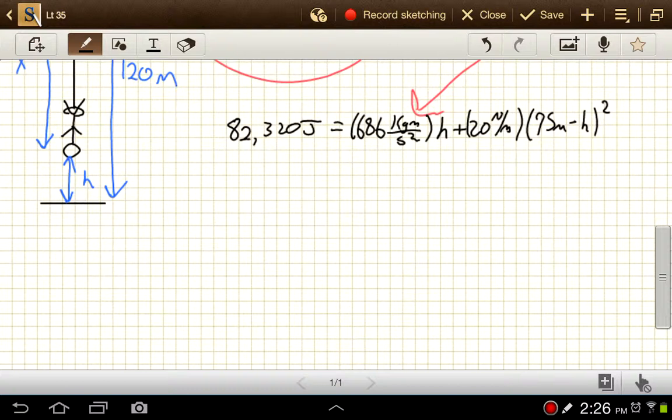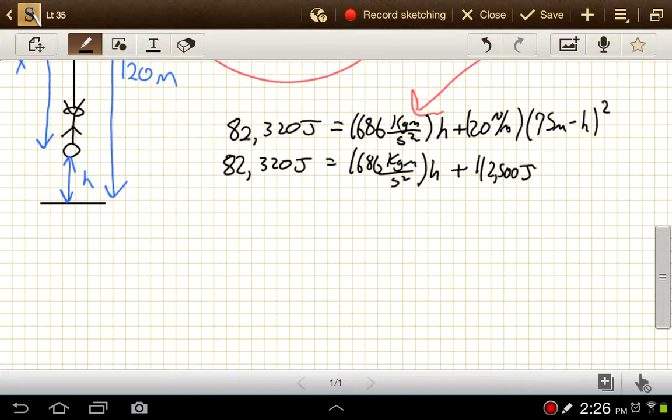So we'll do 82,320 joules is equal to 686 kilogram meter per second squared times h plus, let's see, 75 squared times 20 is going to give me, for my constant value, 112,500, and that would be newton meters, so joules. That's right.